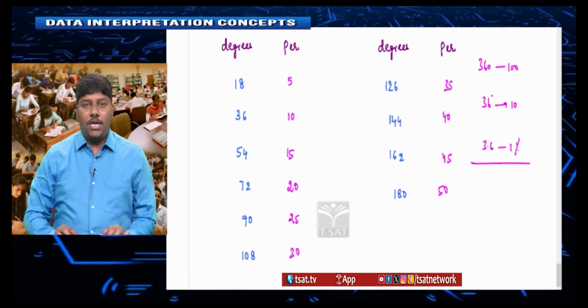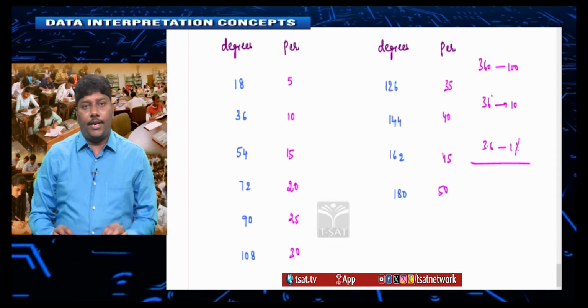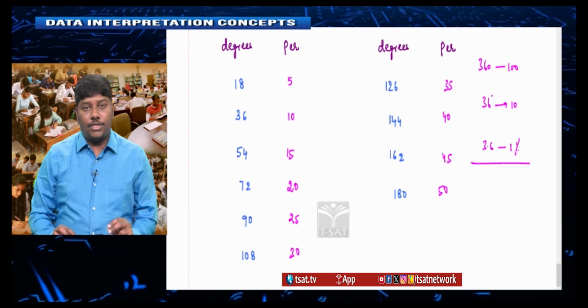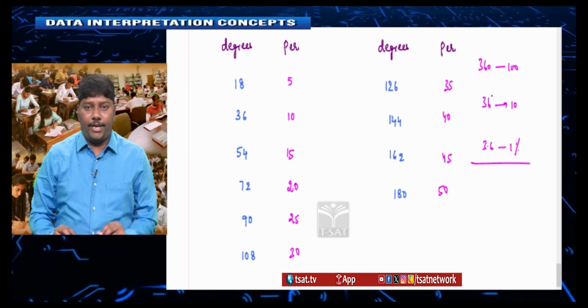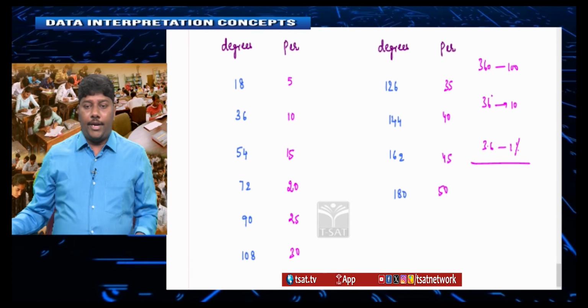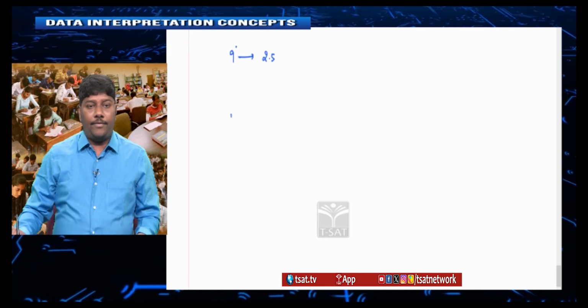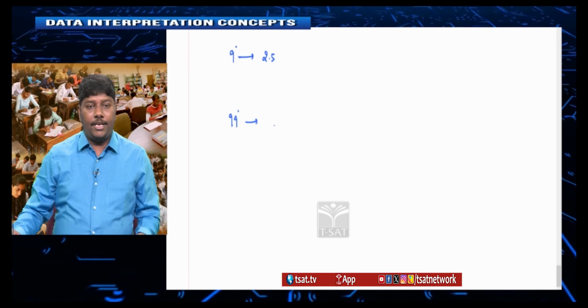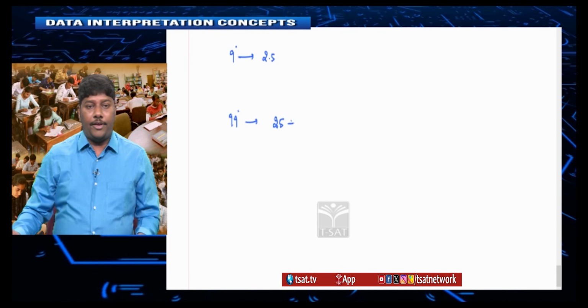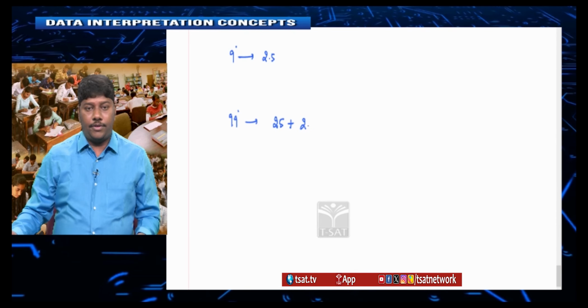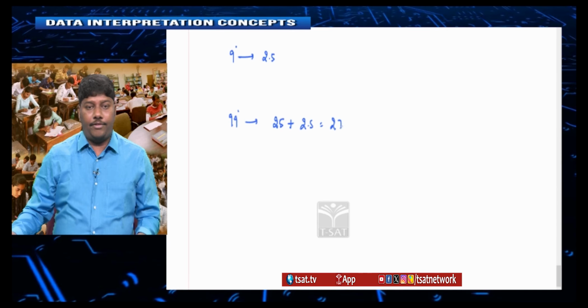If you can't convert every degree like this, but definitely a degree which is a multiple of 9 and 18 you can definitely convert. Remember 18 is 5%, therefore 9 becomes 2.5%. Okay. If I have 99 degrees, 90 means 25, 9 means 2.5. So you can say 27.5%.